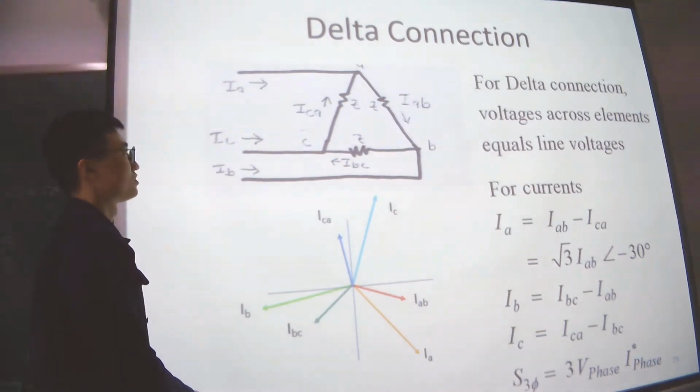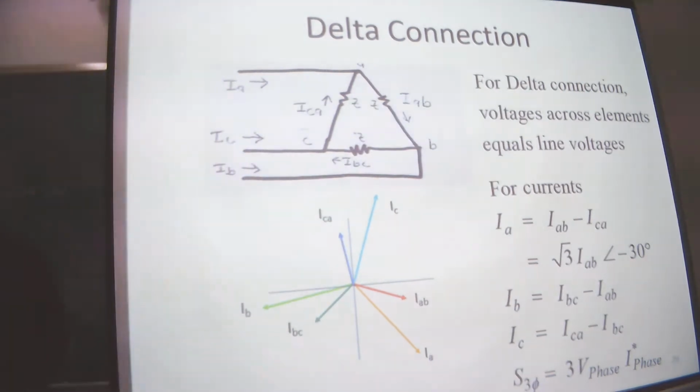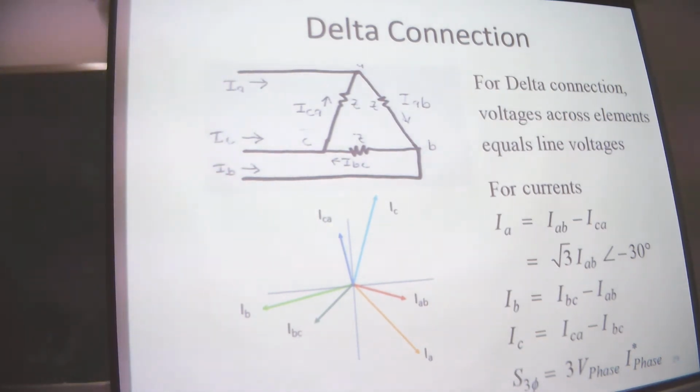In these figures it's only showing the load nodes here, but actually the source here has the same arrangement.